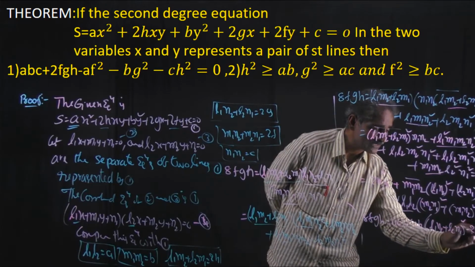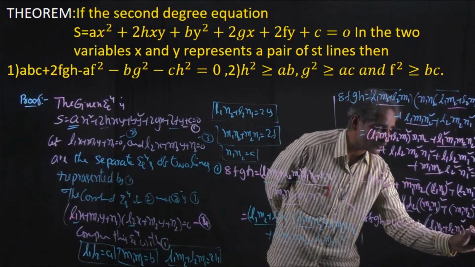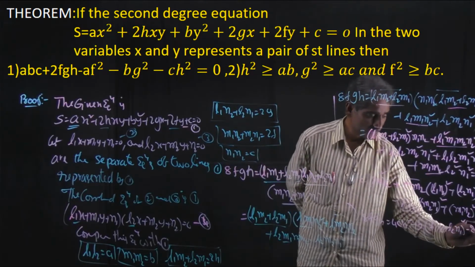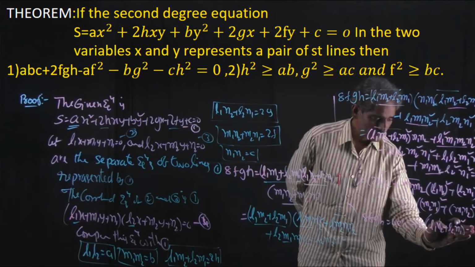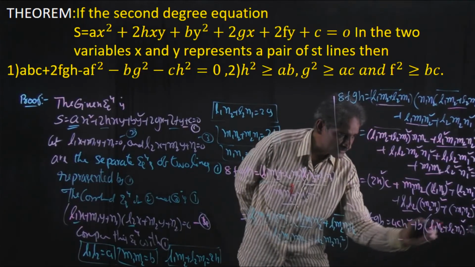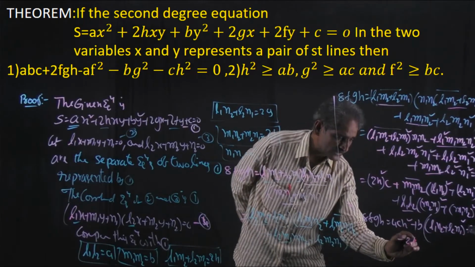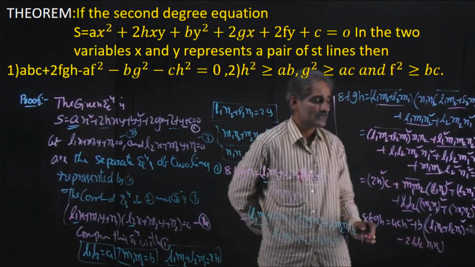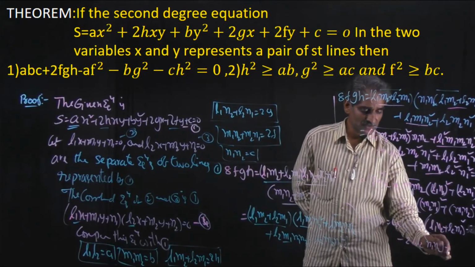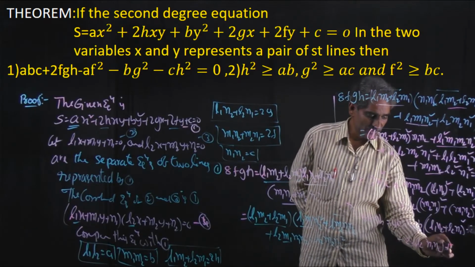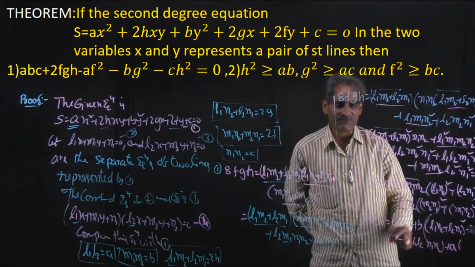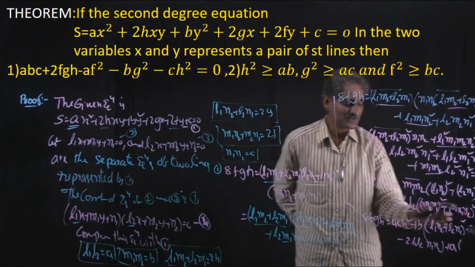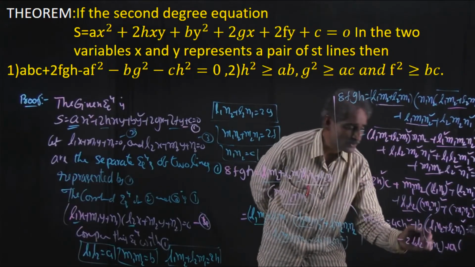2AB means L1 L2 N1 N2, minus 2 into L1 L2 into N1 N2. Similarly, write down the formula for L1 L2, that is equal to A, and again the same form A square plus B square applies for these two terms. A square plus B square is equal to A plus B whole square.